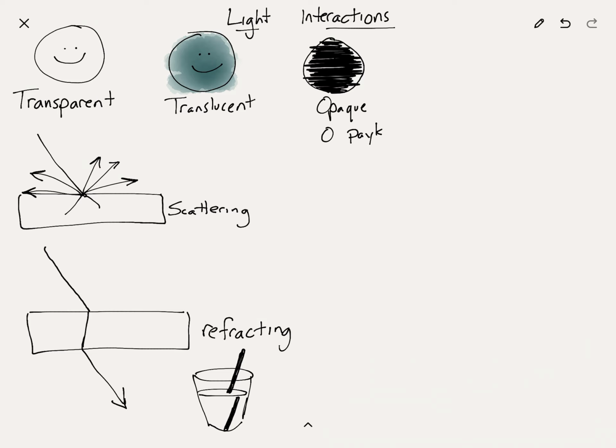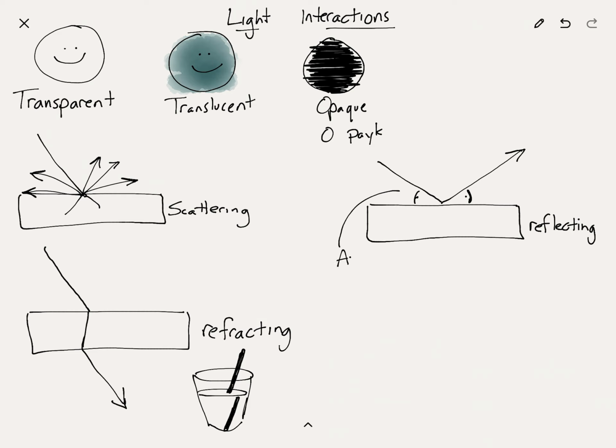The next one we're going to talk about is called reflection or reflecting. Okay? Reflecting is when it goes in and it reflects out. And the thing is that this is equal to this.